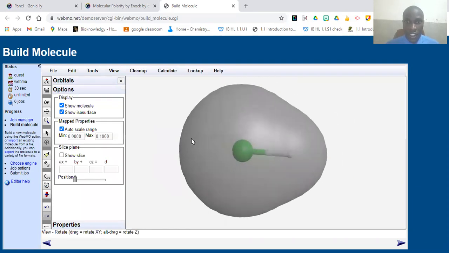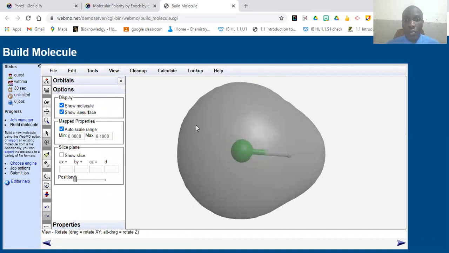In this case, the electron density is more towards the chlorine atom than the hydrogen. That means the distribution is uneven. There is uneven distribution of the electron density in this molecule. Therefore, we say that this molecule is polar. Now there's a net charge distribution when you look at this.